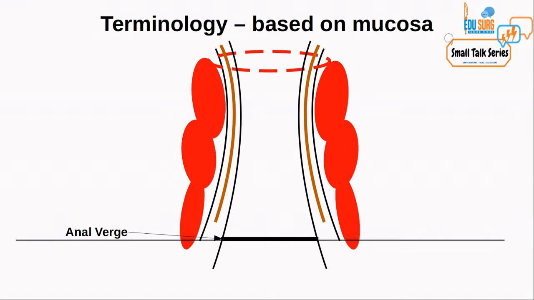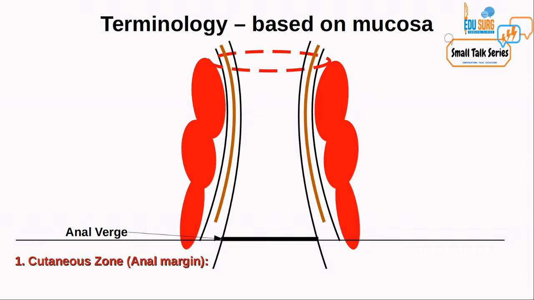So the first terminology is the part of the skin below the anal verge, which is known as the anal margin, also known as the perianal skin. Now this is an area of the anal canal anatomy which is a bit confusing, but when we see tumors, 5 centimeter radius from anal verge is the anal margin.